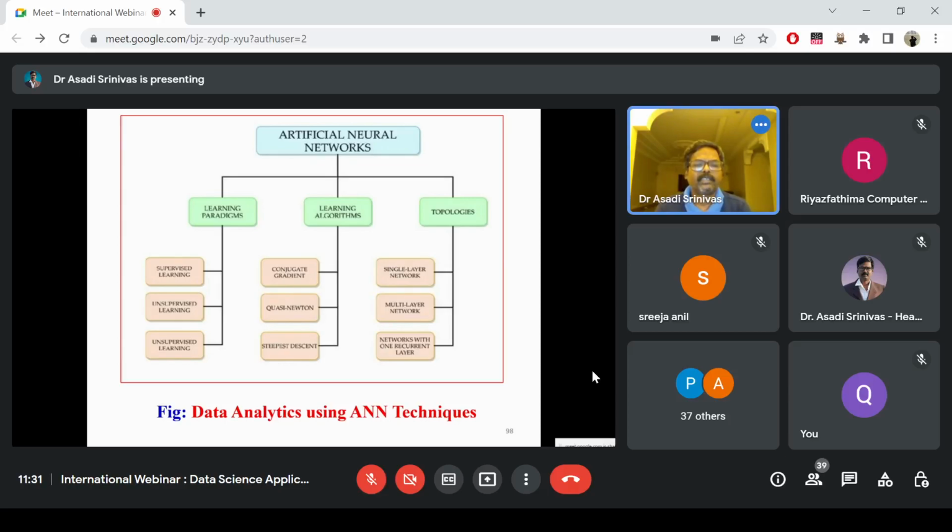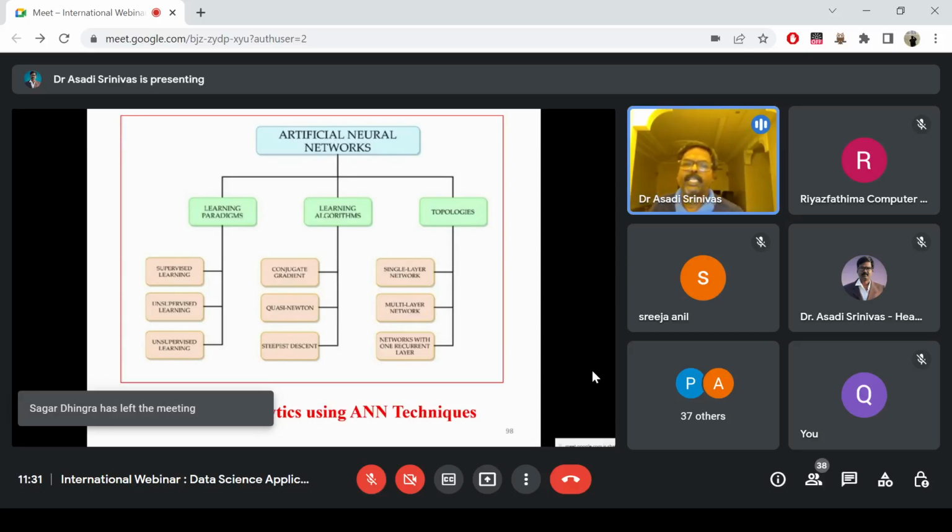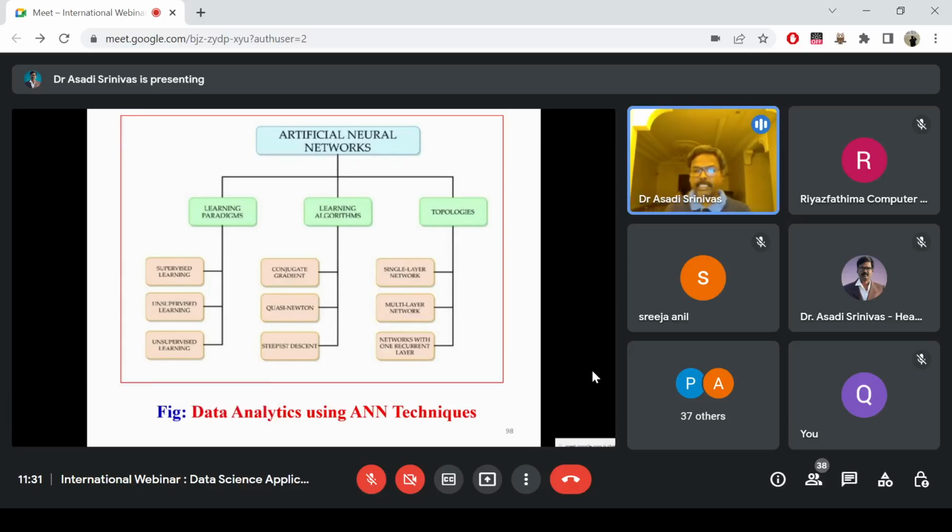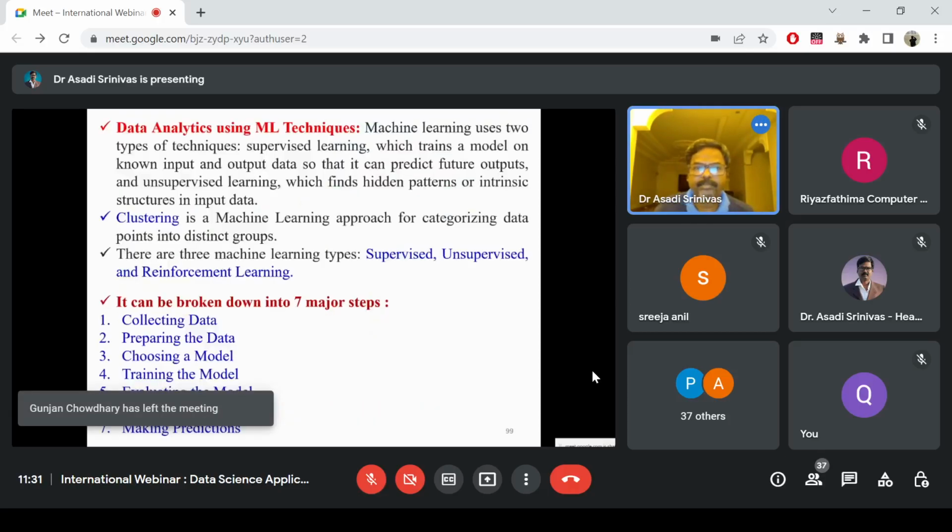Based on the punishment and reward, we are solving the reinforcement learning. Based on the punishment and reward, we are solving the problem. Learning algorithms like conjugate gradient and quasi network and steepest descent. Topologies we are using single layer network, multi layer perceptron, network with one recurrent layer.